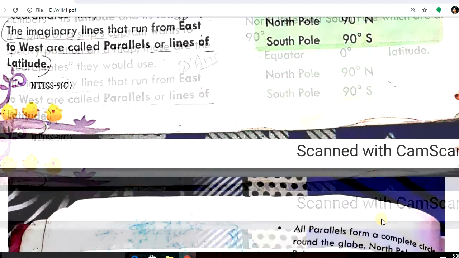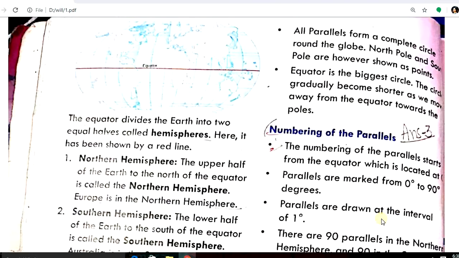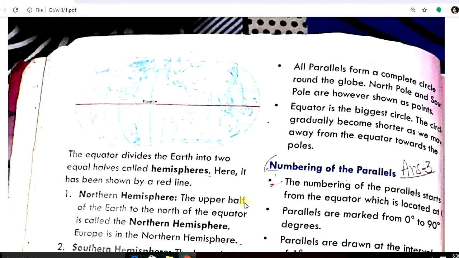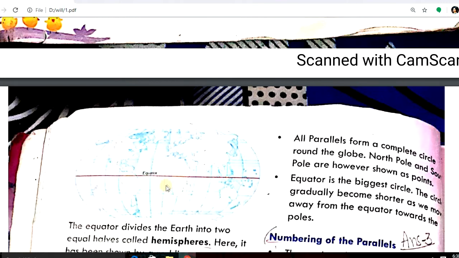Now next, I will tell you, this is the equator line. आपको दिख रही है ये equator line है. Equator divides the earth into two equal halves called hemisphere. Two equal halves में divide करता है, उसको हम hemisphere कहते हैं.